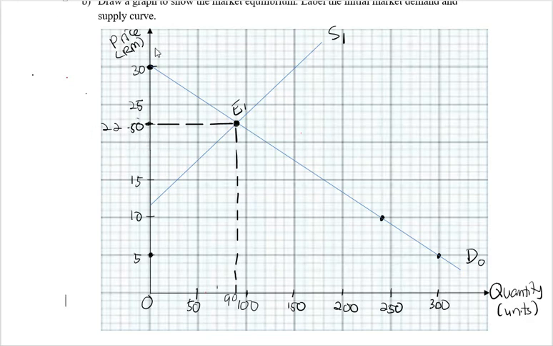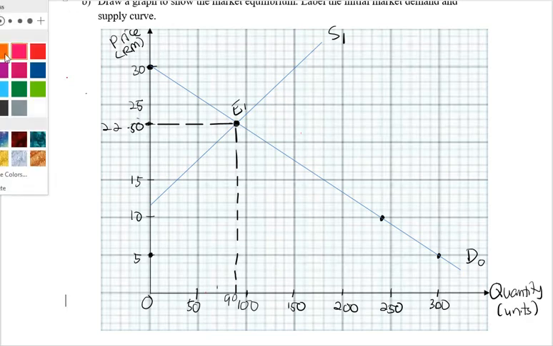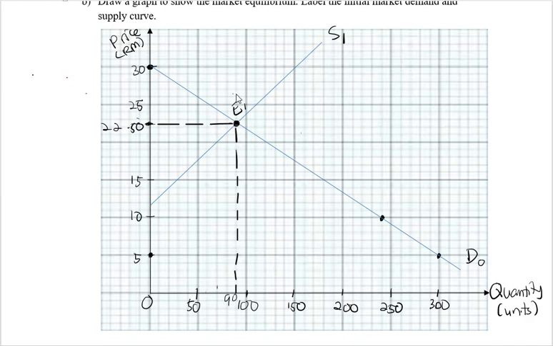Okay, so the area of consumer surplus is now different. It is supposed to be here, below the demand curve, above the equilibrium price. This is consumer surplus after tax.